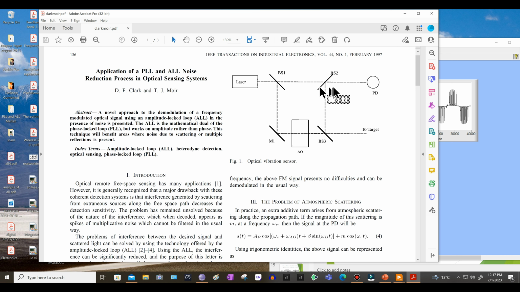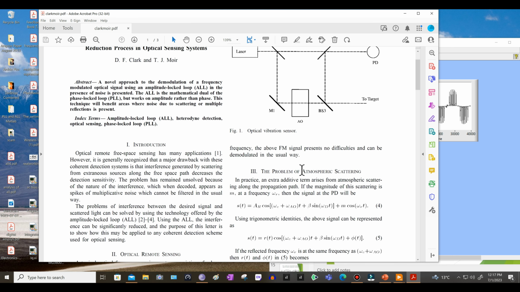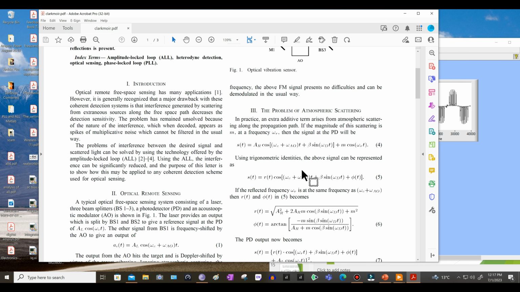I don't want to go into how an interferometer works, but this is the block diagram here, various mirrors and so on, and this thing called an acousto-optic modulator.